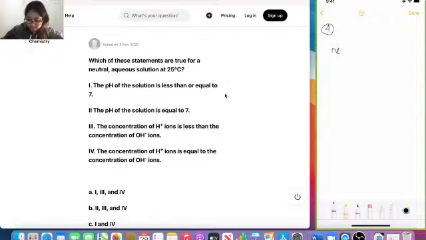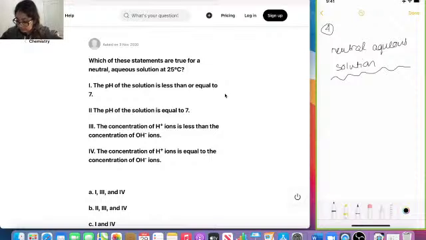A neutral aqueous solution is basically when your pH is equal to 7, okay? So in this case, this is basically like water, as an example.